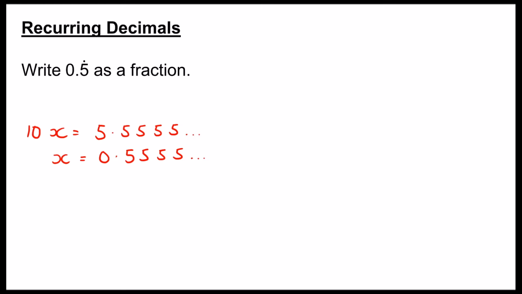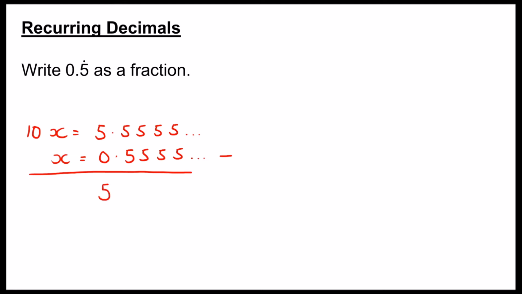The important part of this is that the values that come after the decimal place have the same recurring value. If I was now to find the difference between these two equations, I know that all of the recurring 5s would simply cancel each other out, and all I'd be left with is 5 take away 0, which is 5.